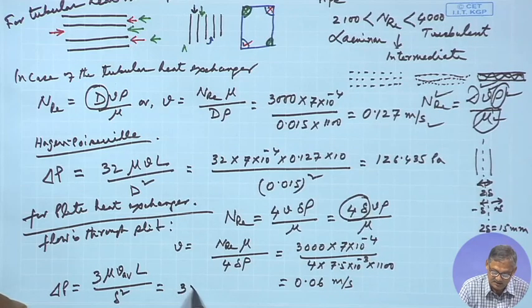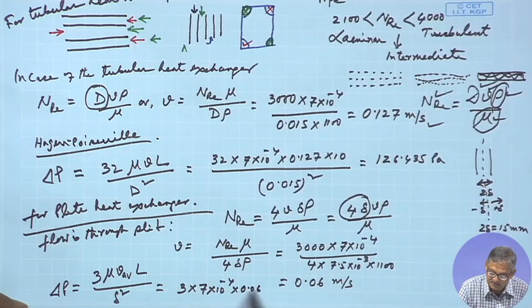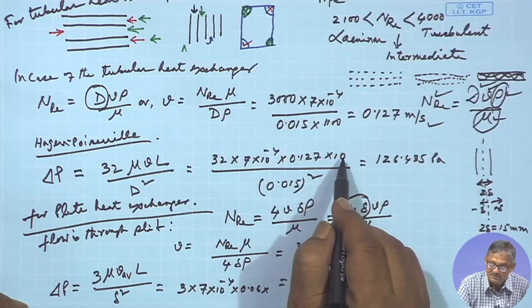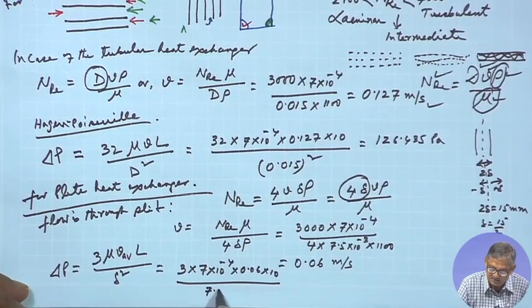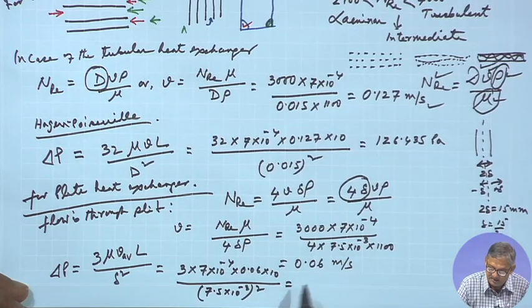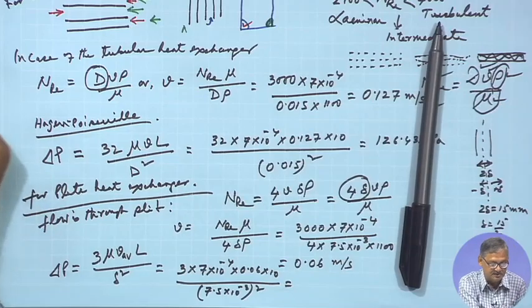So, 3 into mu, 7 times 10 to the power minus 4, right, V average we have just found out, 0.06, multiplied by L, right. L was the same as 10, right, and del 7.5 times 10 to the power minus 3, squared, right. Let us look at how much it comes to.